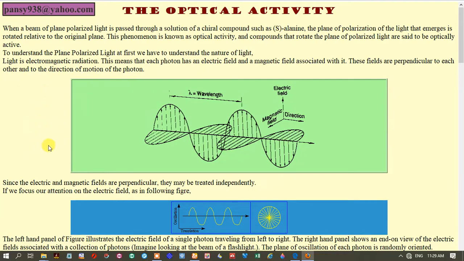These fields travel perpendicular to each other and to the direction of motion of the photon. You see that there are two fields in the motion of this light. One is from upward to downward direction and the second one is from left to right direction. These fields are the magnetic field and the electric field.